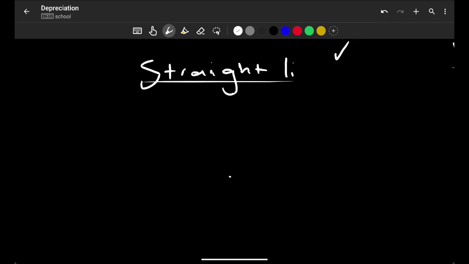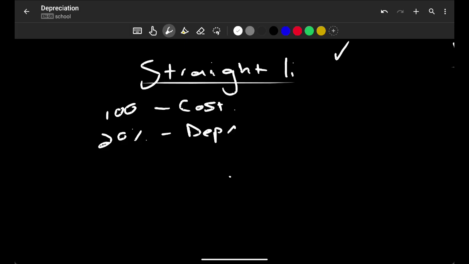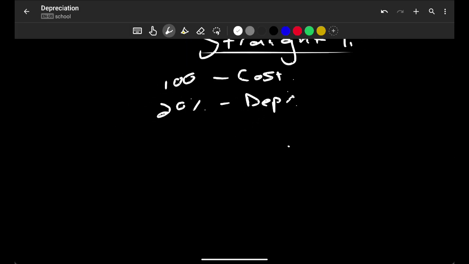So if you have an asset worth 100 rand, this is the cost, and it's depreciated at 20%, this is the depreciation percentage. That means it's going to be 100 rand minus 20 rand every year, right?